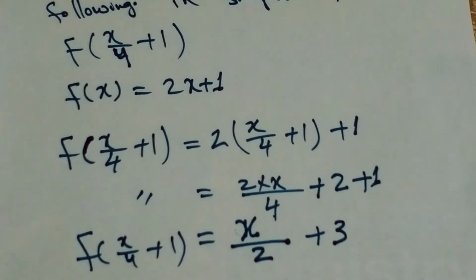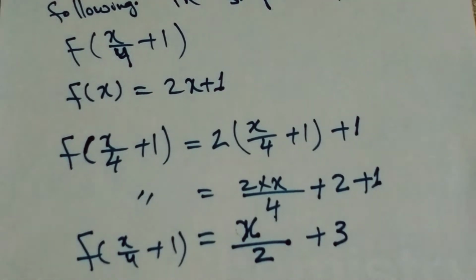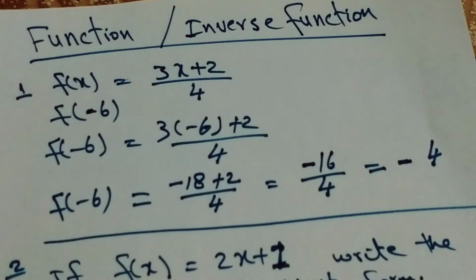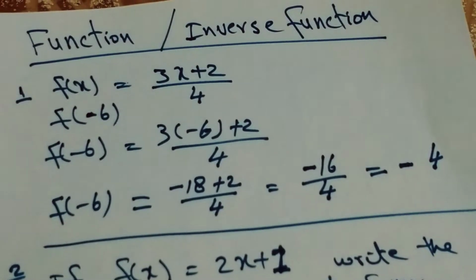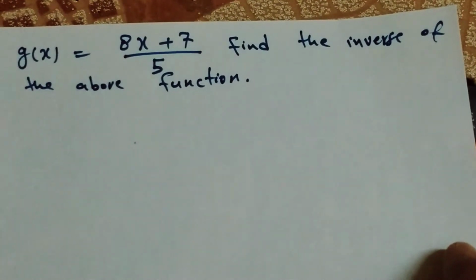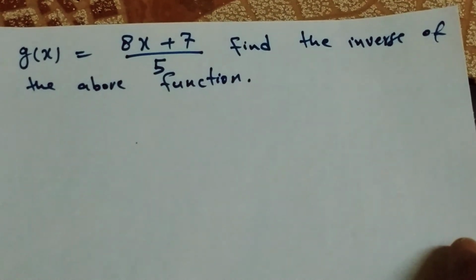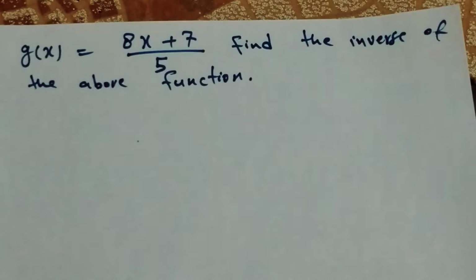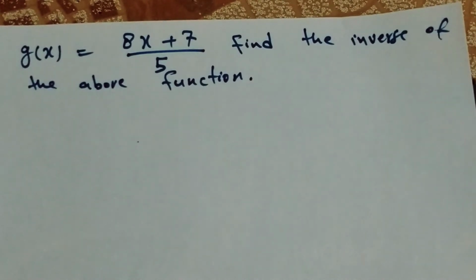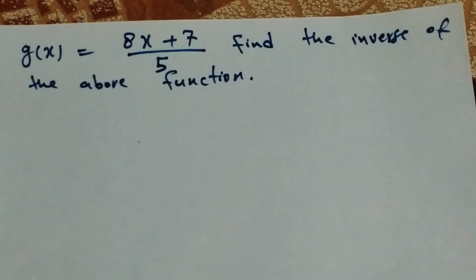Now I will write a function and we will find the inverse of that function. Let's see, my dear. There is given a function g of x equal 8x plus 7 whole over 5. Find the inverse of the above function.